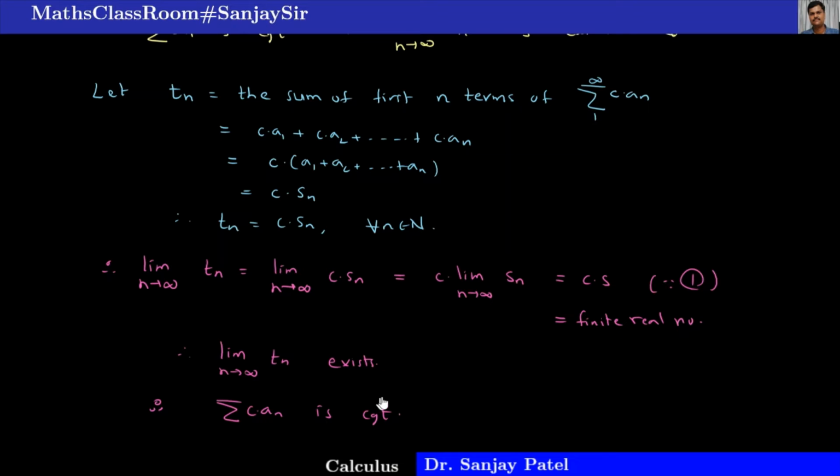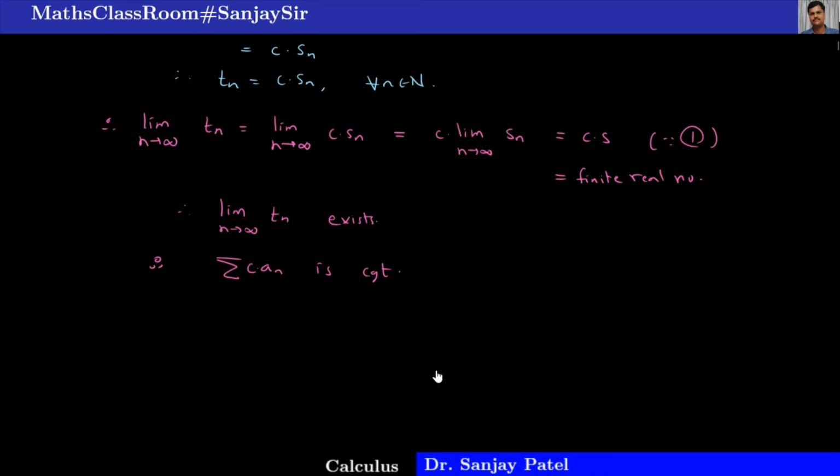And not only that, we can also say what is the sum of the sigma C into an. The sum is C into S. And S is the sum of the series sigma an. Okay. So we can note one thing from these two theorems.